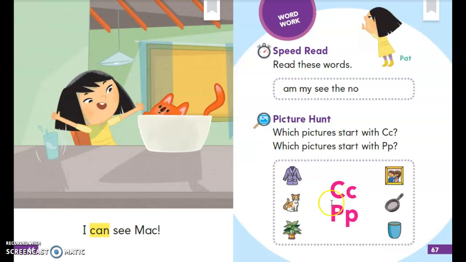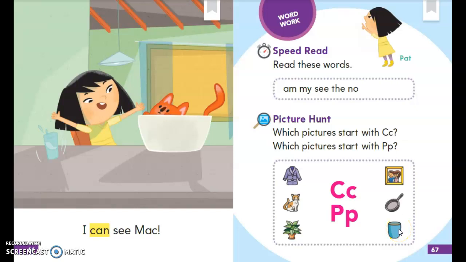So we have the letters C and P that we've been working on this week. I want you to point to the pictures that start with C, the K sound. If you pointed to coat, cat, and cup, kiss your brain.